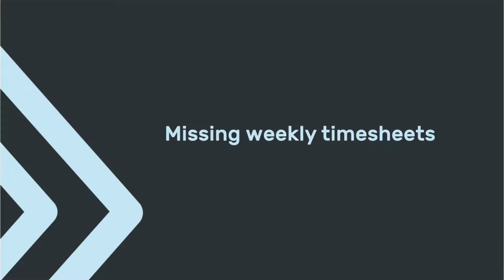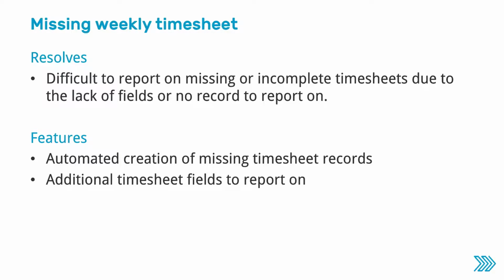I am going to start off with the missing weekly timesheets. As you know, you're all working with timesheets in NetSuite. It's been quite cumbersome to generate reports and searches on missing timesheets, and any timesheets that were incomplete or didn't have enough submitted hours compared to, for instance, a work calendar or planned hours.